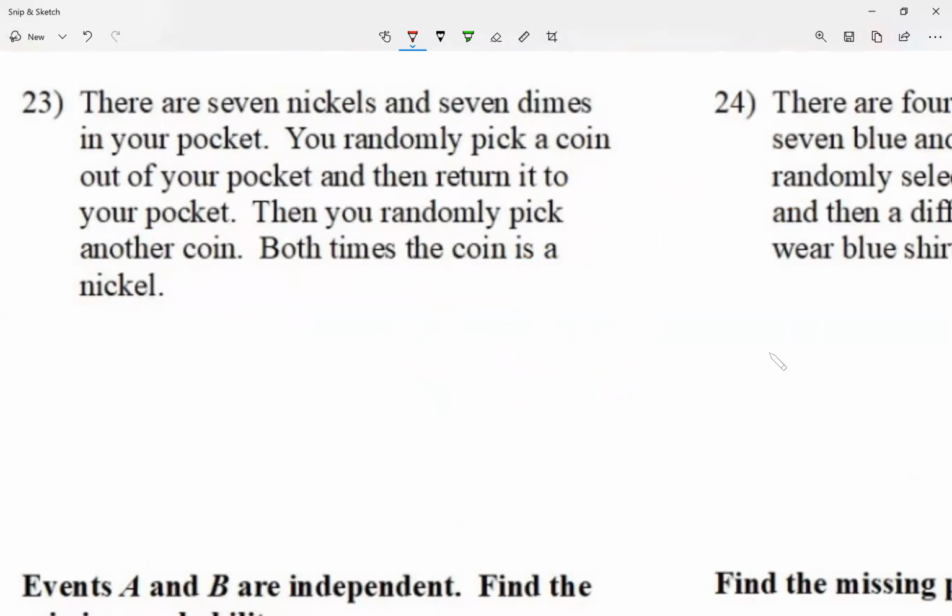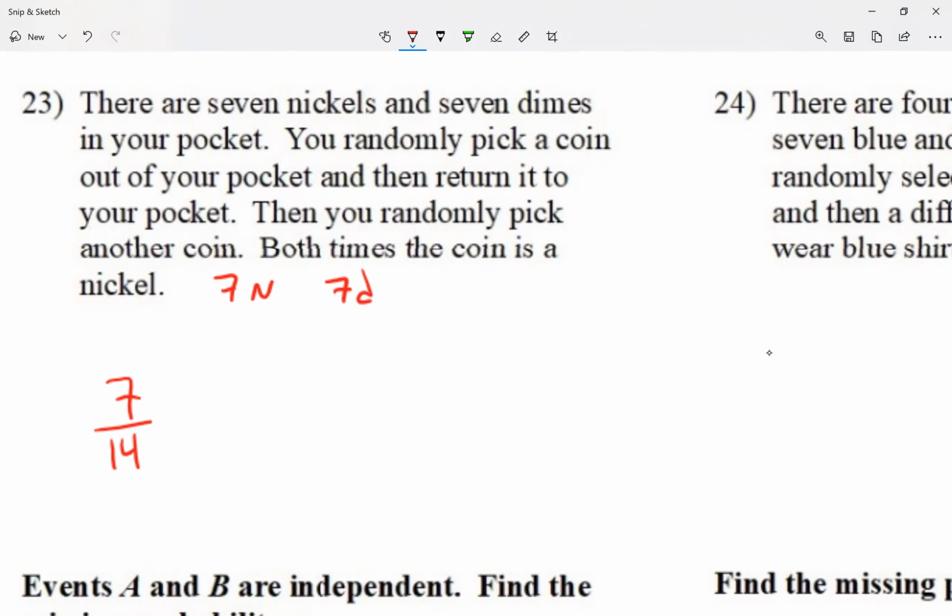There are 7 nickels and 7 dimes in your pocket. So 7 nickels, 7 dimes. You randomly pick a coin out of your pocket and then you return it to your pocket. Then you randomly pick another coin. Both times the coin is a nickel. So the first time I can get 7 nickels out of 14 coins.